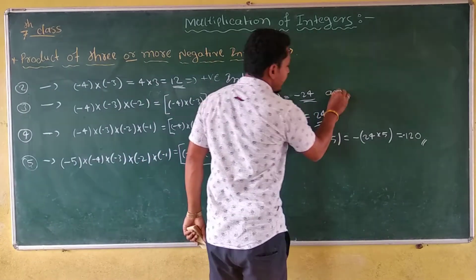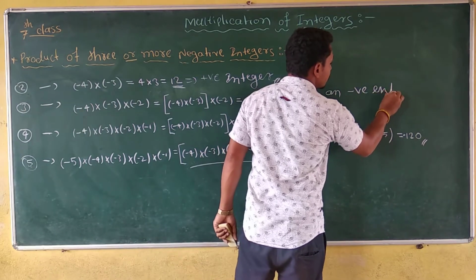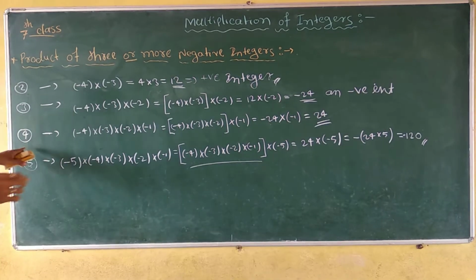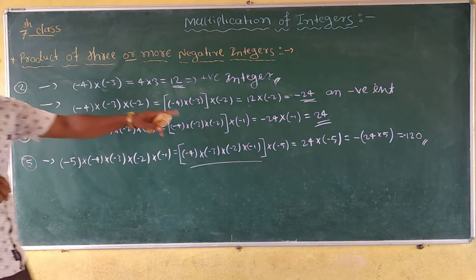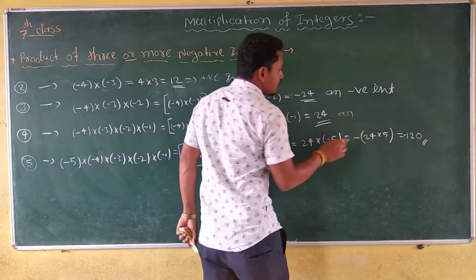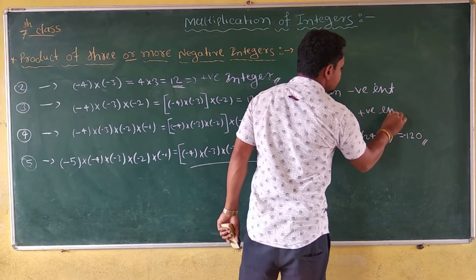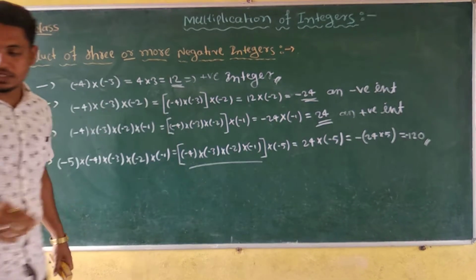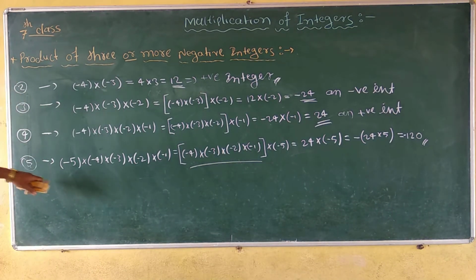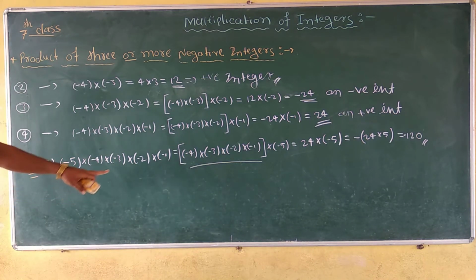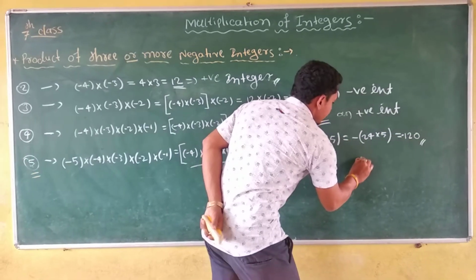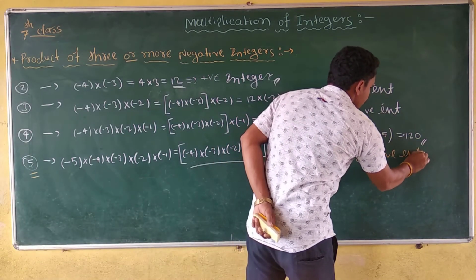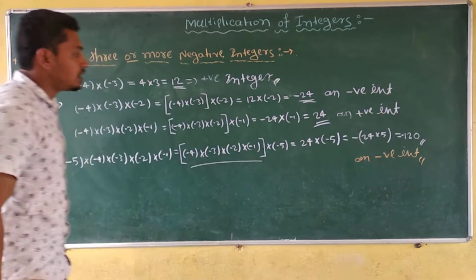The product of any four negative integers gives a positive integer. The product of five negative integers gives a negative integer.